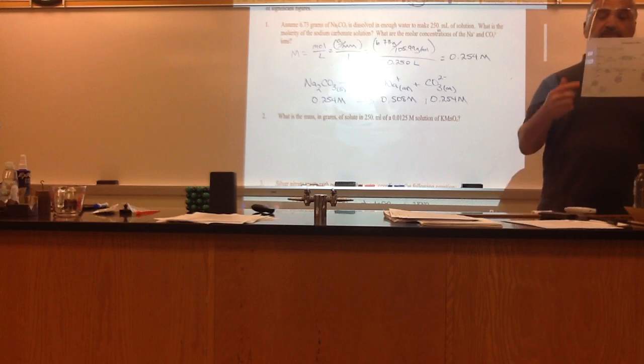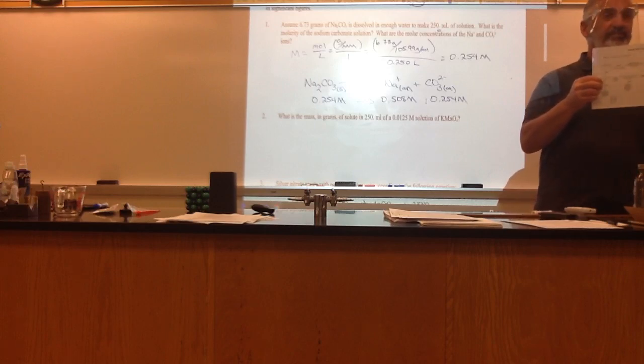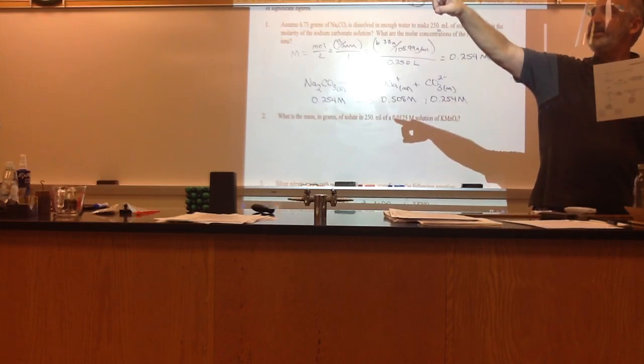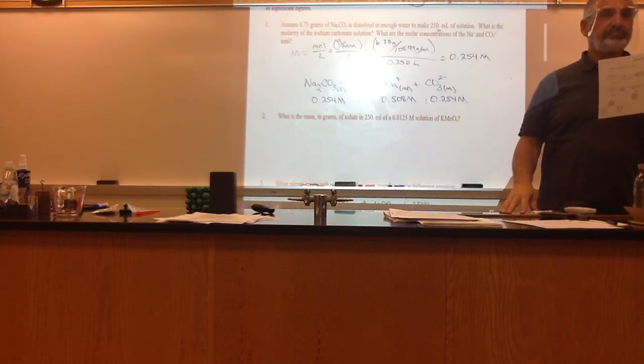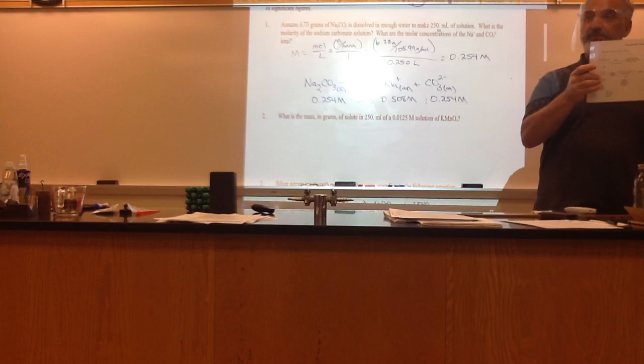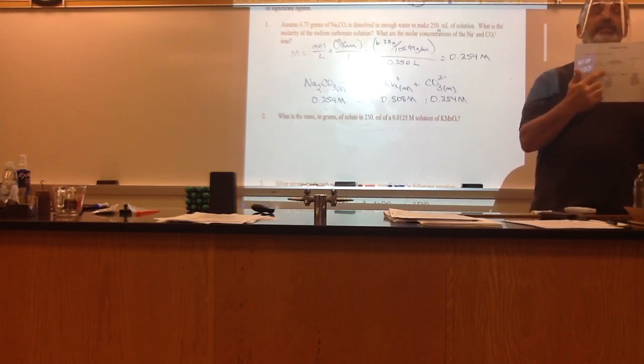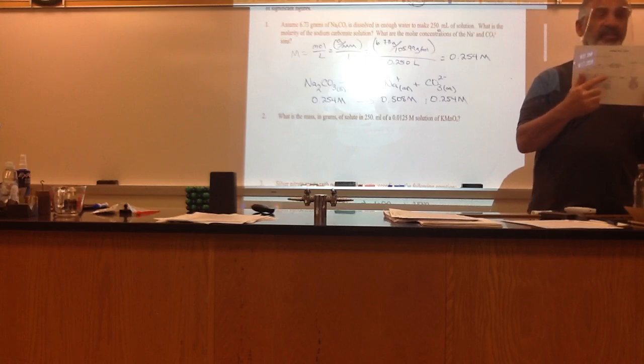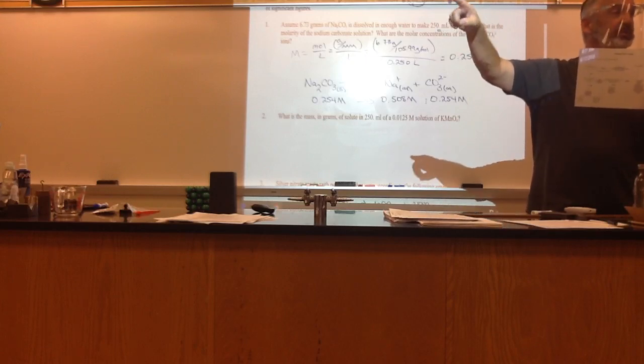Okay? If the answer is no, then you ask yourself, is the positive thing a metal? Or the one polyatomic cation, ammonium? So if it's a metal or ammonium, that means that it's an ionic compound. Now we have to ask ourselves, does the metal have more than one oxidation state? So you look on the periodic table, where is it located?